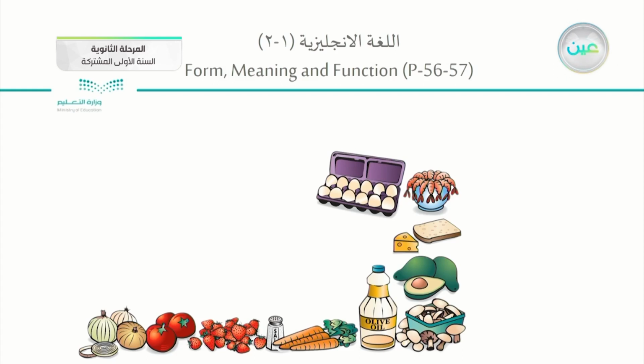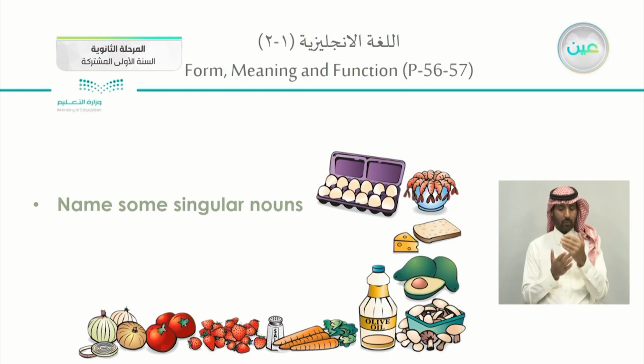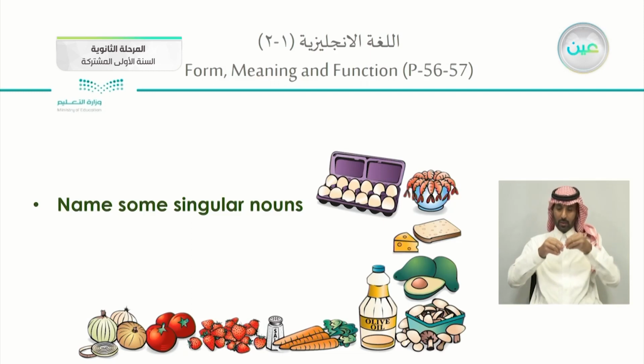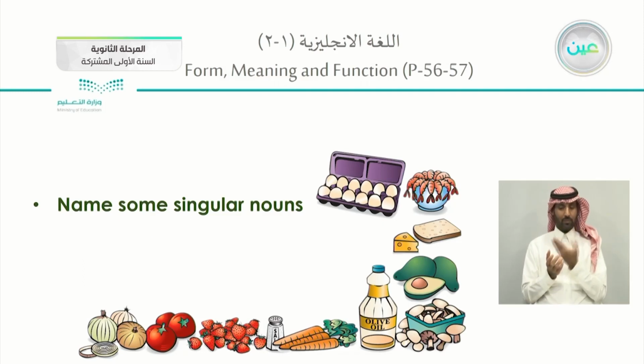At the beginning, I want you to look into this picture and come up with the following. Can you name some singular nouns? One, singular. I can think about one egg, one carrot, one strawberry, one tomato, and one onion. How about the plural?